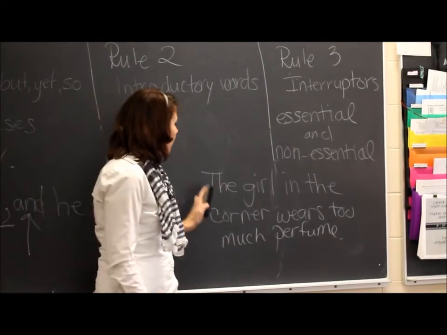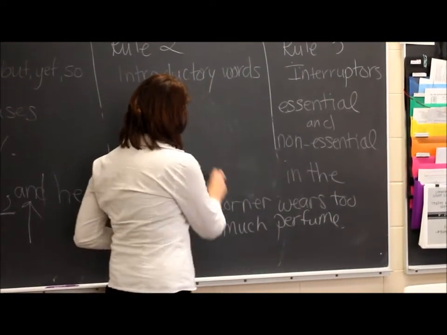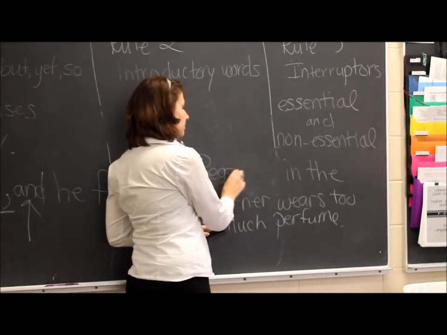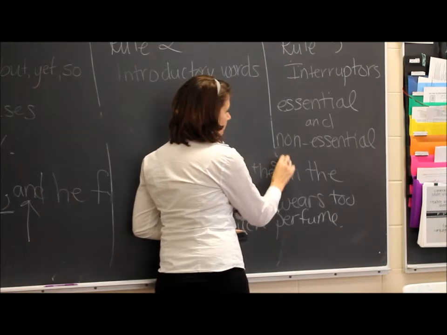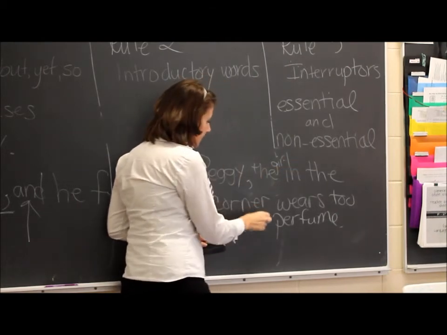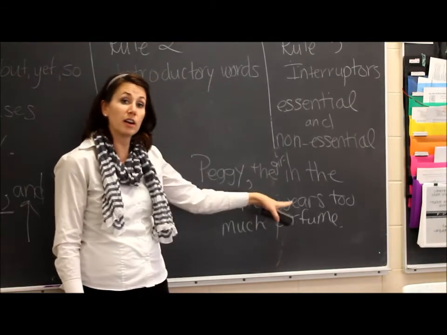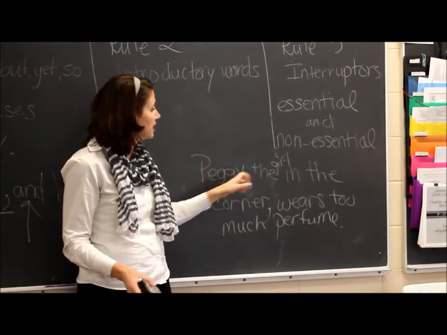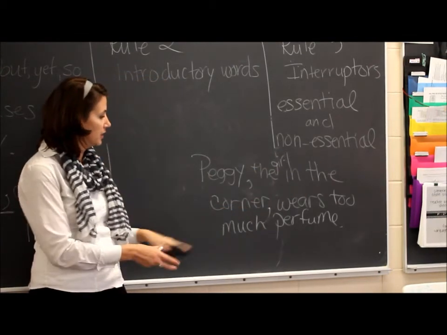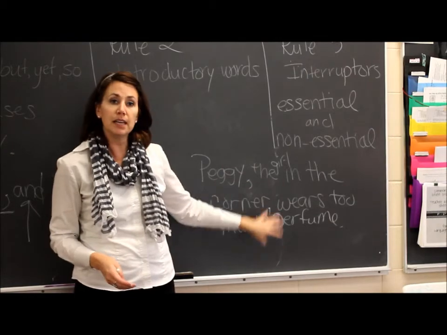Okay? If I said, Peggy, the girl in the corner, this does get commas because this phrase is no longer essential. I've named Peggy. I've given her a place. This whole phrase here doesn't need to be in the sentence to keep the meaning of the sentence.